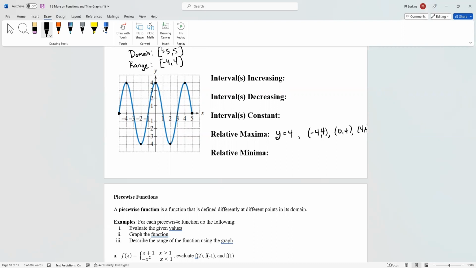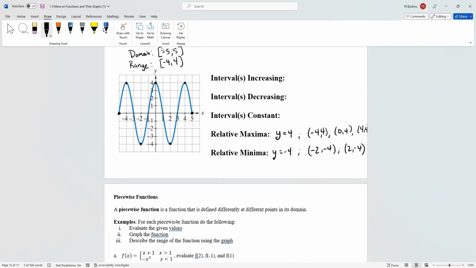Okay. And then minimums, they are y equals -4, and they happen at -2, -4, and 2, -4. All right.